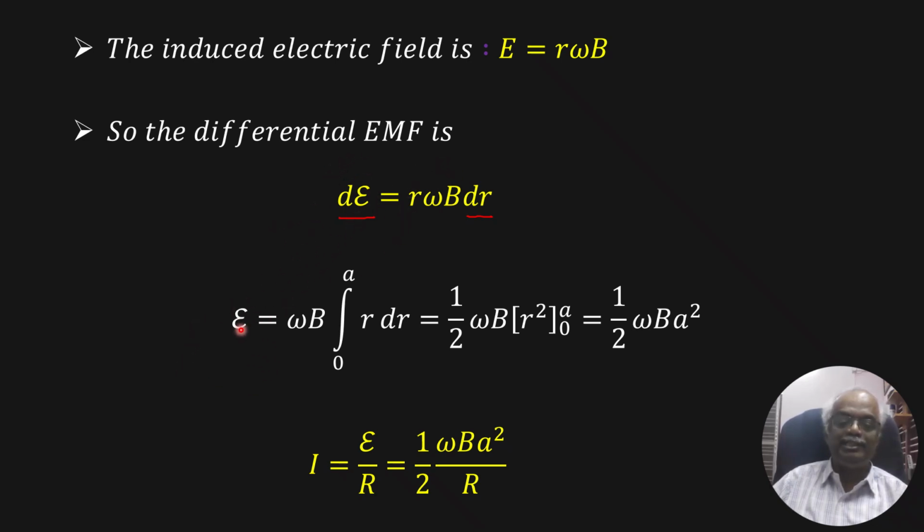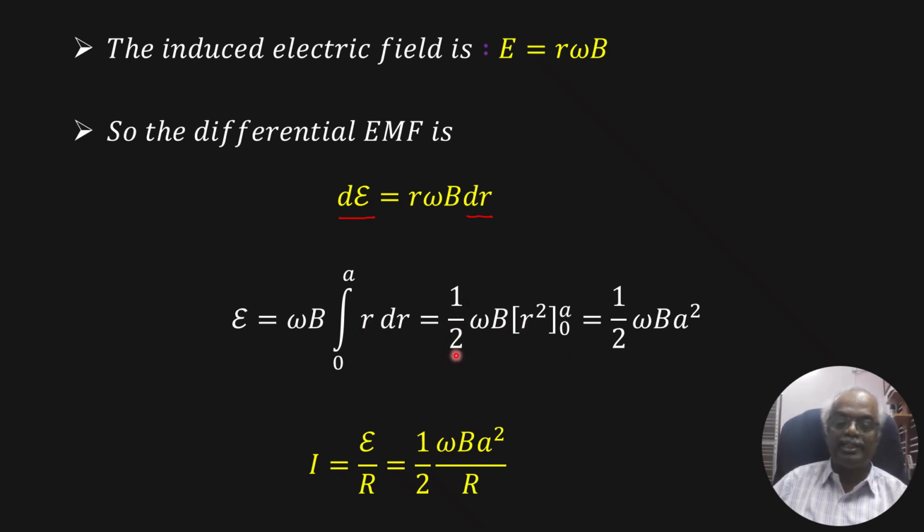So the left side will become the EMF. On the right side you take omega B outside the integral. You are integrating from 0, that is the origin at the axle, to the radius of the disk a. So this r I am keeping inside the integral, r dr, which is equal to half, because if you integrate r, you will get r squared over 2.